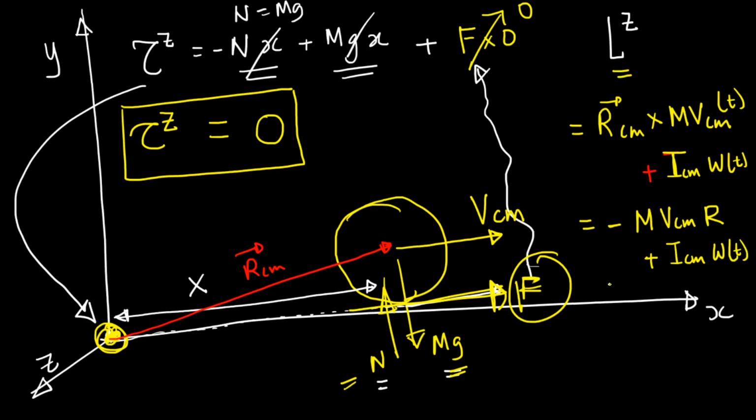Okay, so let's continue with this. Right, so this is your Lz. Can I just write this again on the next page? So I have two carryovers from the previous page.